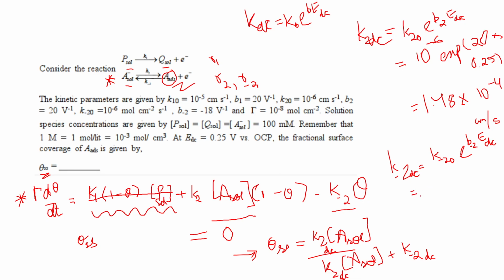Here it is 10 to the power minus 6 into exponential raised to 20 plus 0.25, so we have to do e raised to 20 into 0.25, which is 5. So it is 10 to the power minus 6 into exponential raised to 5. It is B2 into EDC, this is the bracket, so raised to.